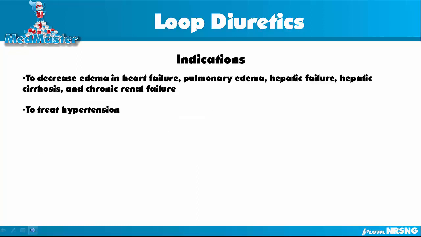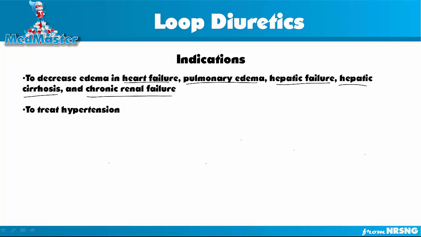Now the indication: because of this, it excretes water. It can be used for the prevention of edema. We can use this medication to prevent the edema that happens in heart failure, pulmonary edema, hepatic failure, hepatic cirrhosis, or chronic renal failure.